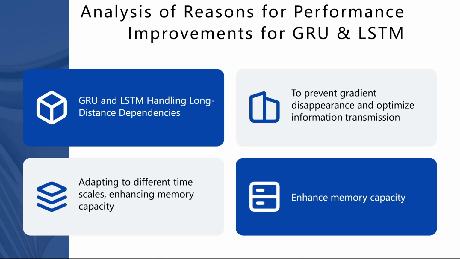GRU and LSTM can flexibly handle information across different time spans, adapting to sentences of varying lengths. They have a stronger memory capacity for important information, enabling more precise understanding and translation of long texts. Overall, by improving the structure, GRU and LSTM address the shortcomings of RNN, thus performing excellently in translation tasks.